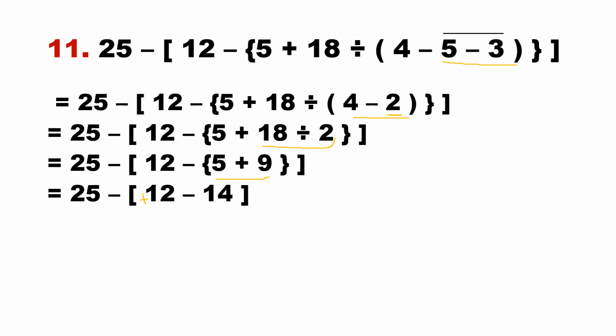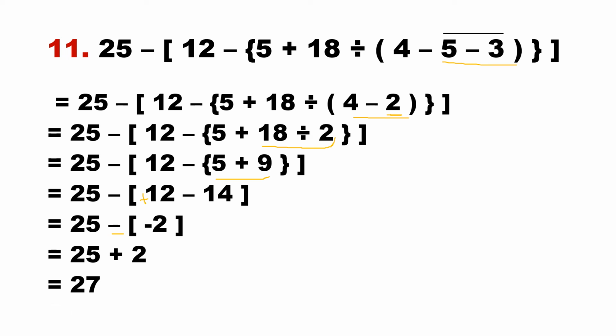So the answer 12 minus 14 will be minus 2. Okay. So I'll write here 25 minus this negative 2, isn't it? Now this sign tells change the sign, change the sign. So I'll make it now 25 plus 2 and we get what? 27. So that is finished now.